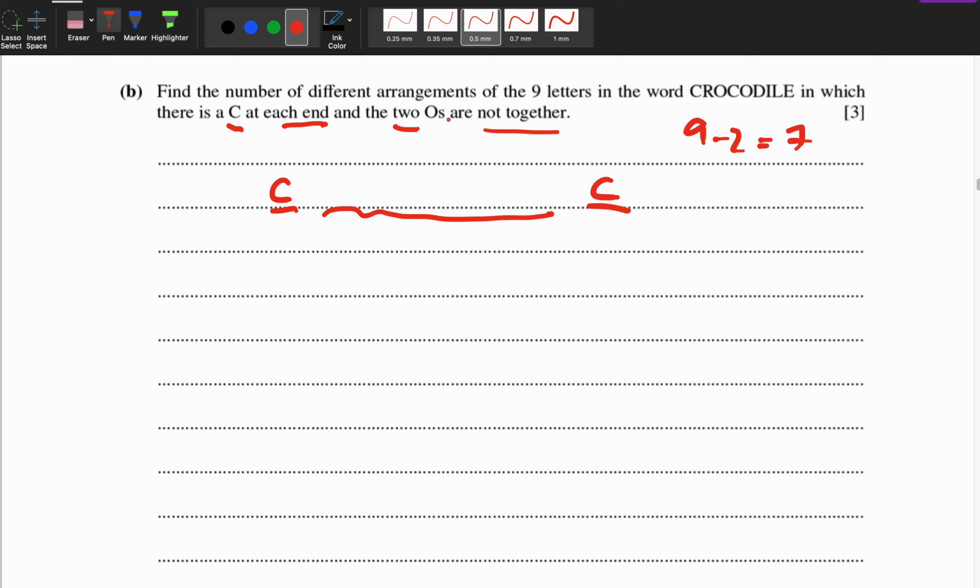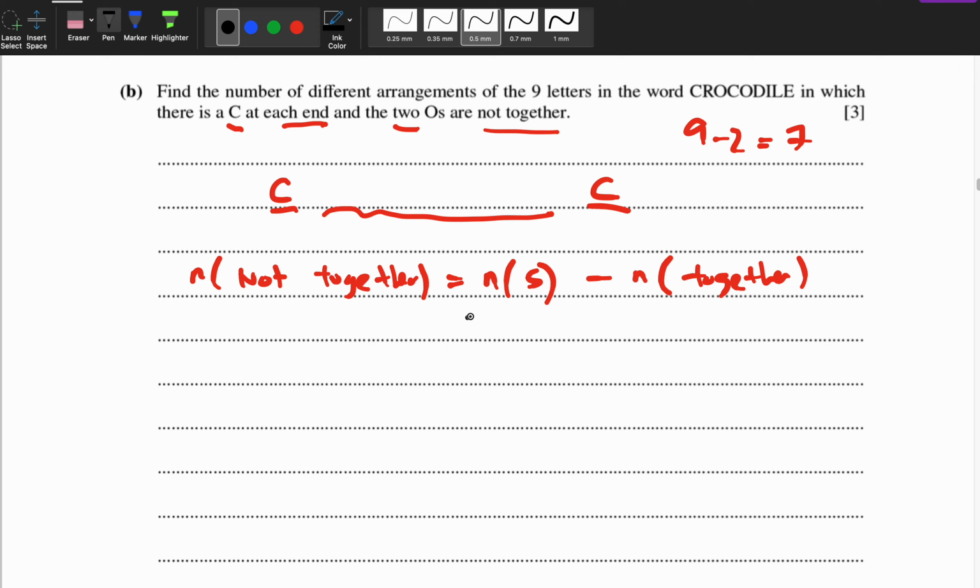Because the question says the O cannot be together, normally when you see something like this, not together, the number of not together will be equal to the total without restriction minus the number together. This one stands for no restriction, and this one you have to put them together, that means the O are moving together.